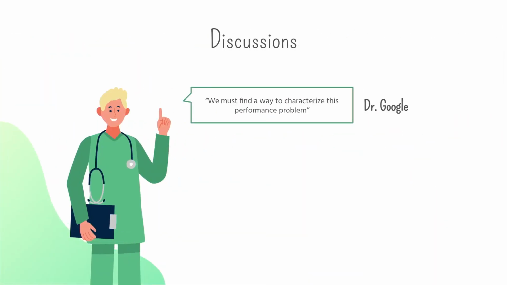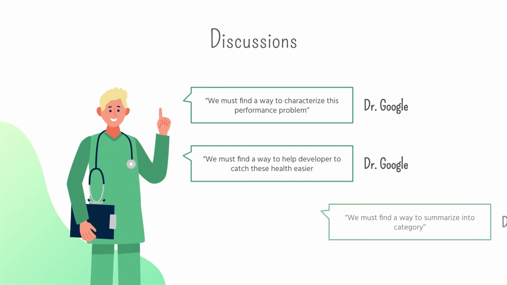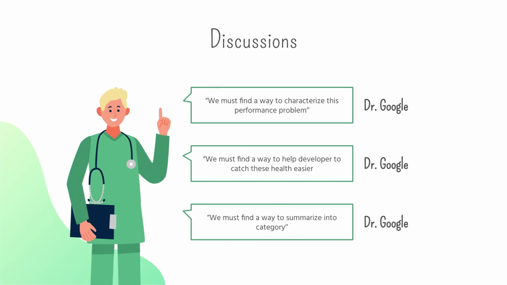So we must find a way to characterize this performance problem. This is the first step. The second step is we must find a way to help developers, so us, to catch these issues easier. And the last one is we must find a way to summarize into categories.